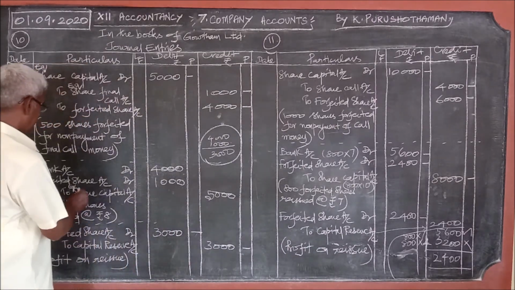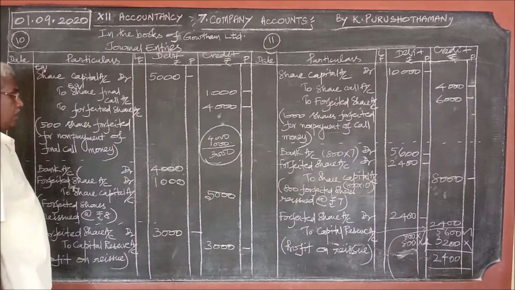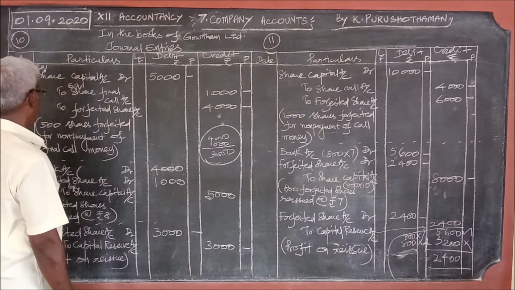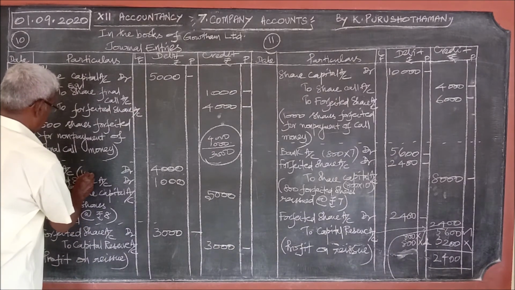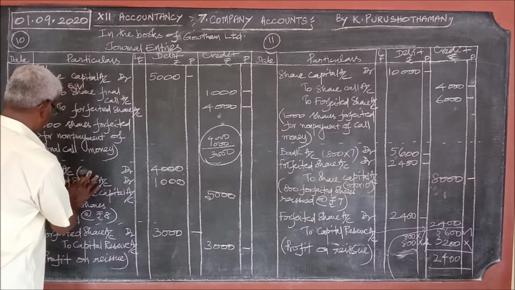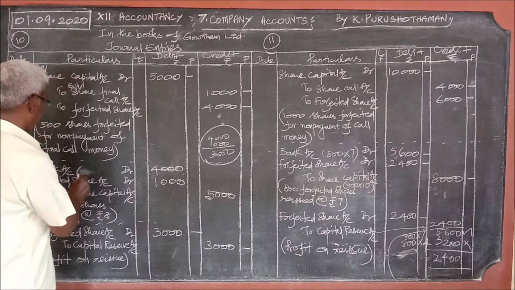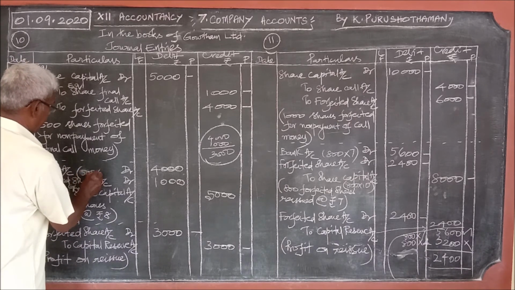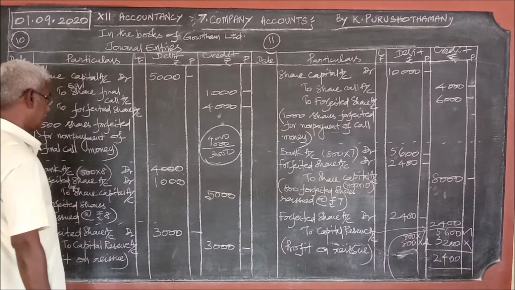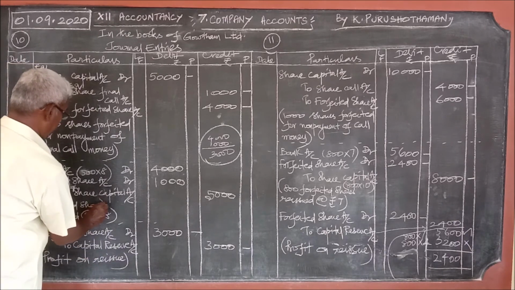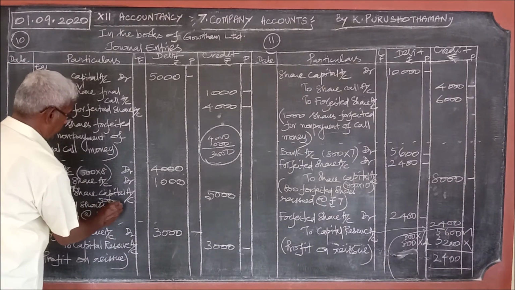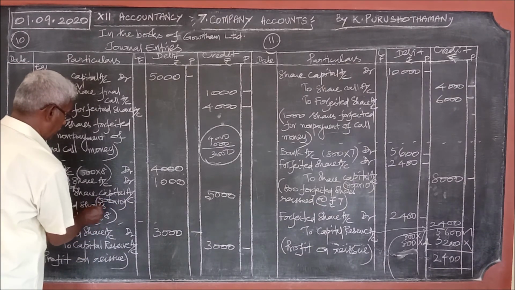In bank it is 4 rupees, 4 into 1,000. That is at the rate of 8. Therefore 8 into 500, 500 into 8. But here this share capital 500 into 10, so 5,000.